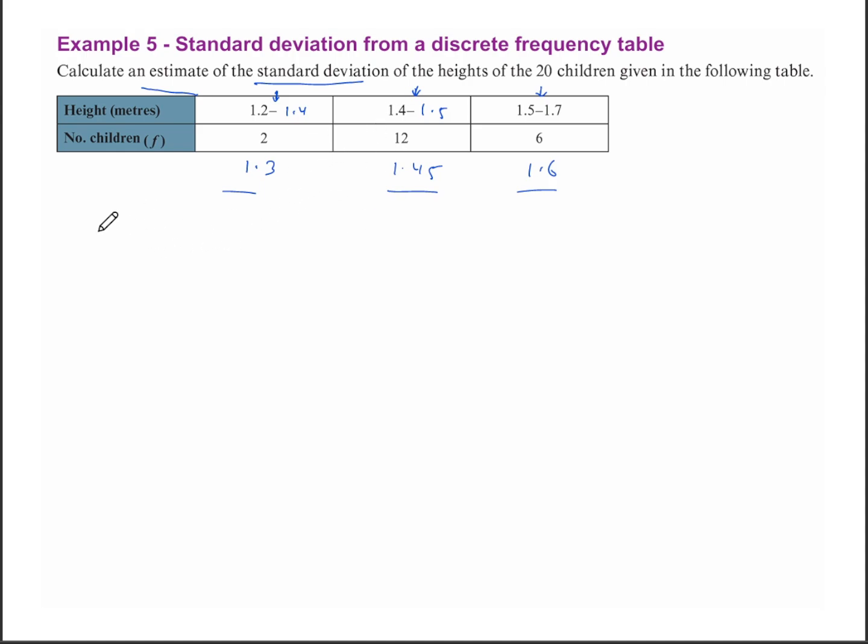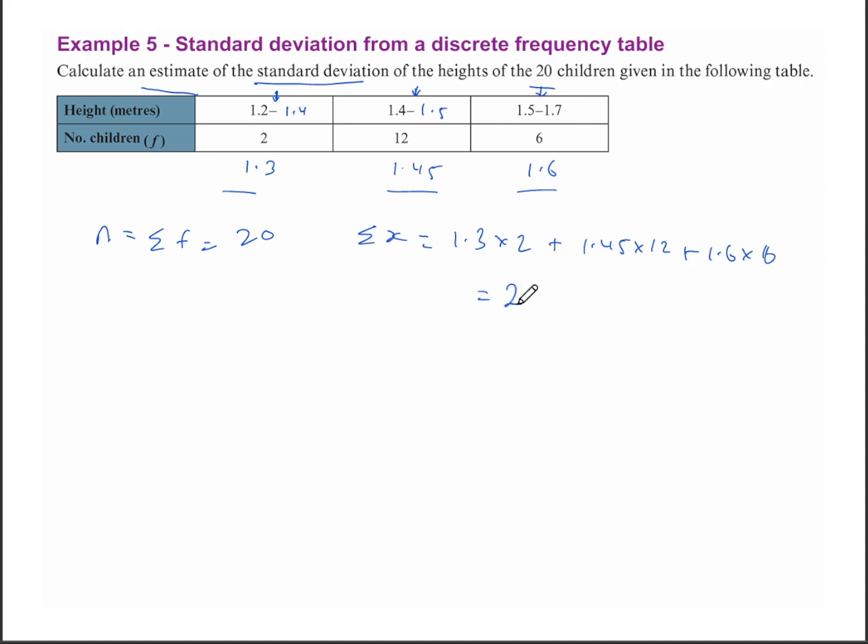So, for standard deviation, you need the n first, which is the total number, which is the sum of the frequency, 2 plus 12 plus 6, and we were given that initially as well, which is 20. Then we need the sum of the individual data points itself, which is 1.3 as our representative from the 1.2 to 1.4 group, times the frequency of 2, plus 1.45 times the frequency of 12, plus 1.6 times the frequency of 6.